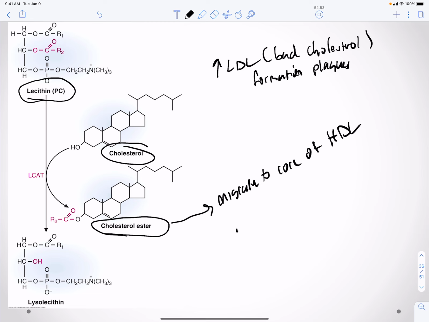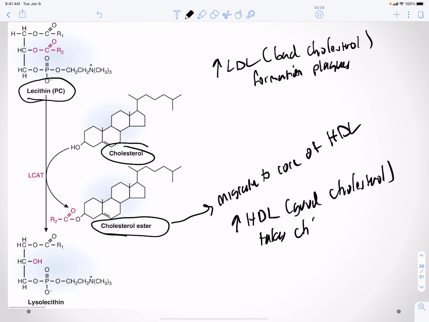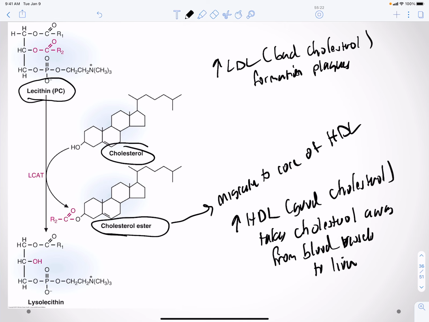Increase of HDL, or good, takes cholesterol away from blood vessels, and it goes to the liver, and then the liver can deal with it.